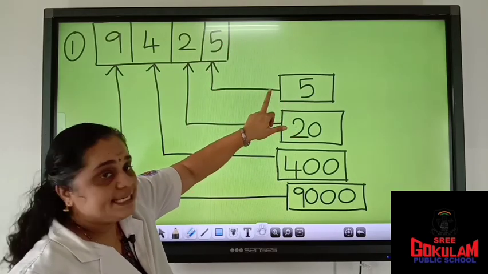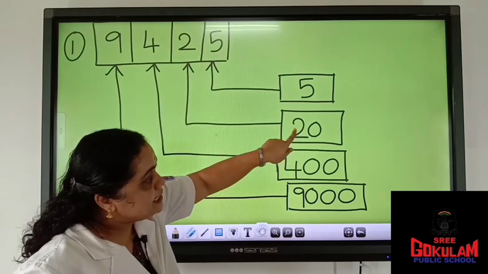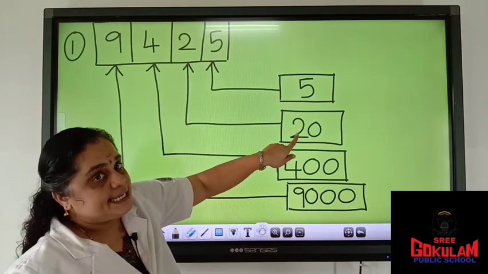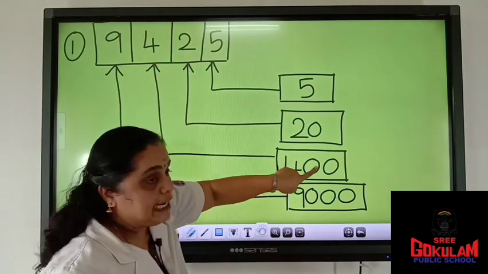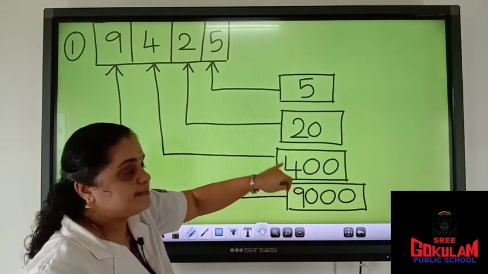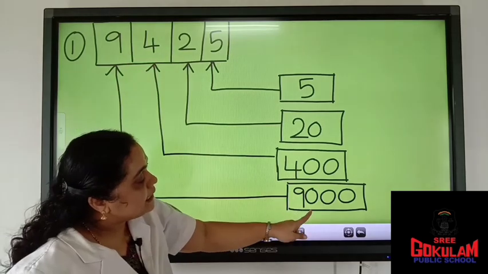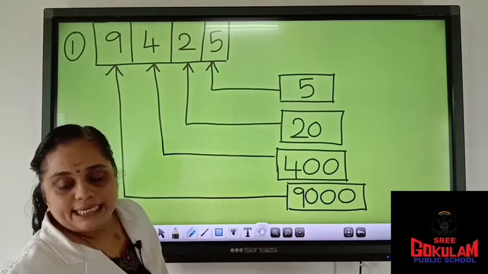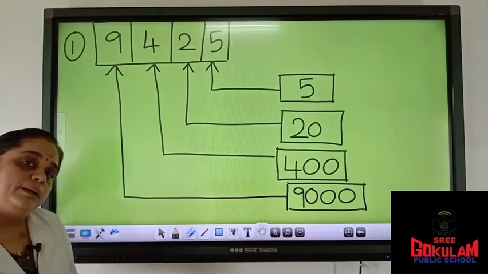So here you can see 5 is in its ones place, so we write it as 5 itself. 20 means 2 is in its tens place. That's why we write it as 2 here. Then 400, 4 is in its hundreds place. Here also we write 4. Okay, and 9,000. So 9 is in its thousands place. Okay, children? Now let's go for one more example.